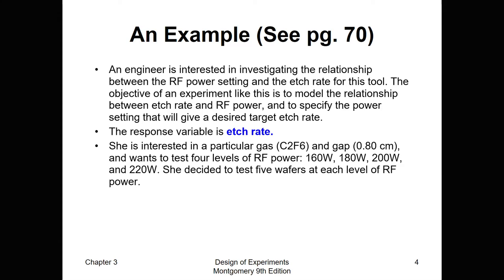If you remember, we previously talked about different ways that you could account for variables. One was to manipulate them, and that's what we're doing with power. Power is a manipulated variable. We're going to set it at 160 watts, 180 watts, 200 watts, 220 watts, so we're manipulating it.